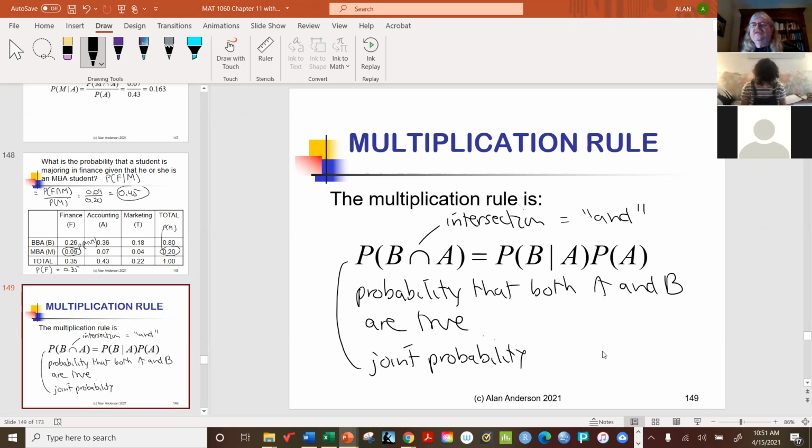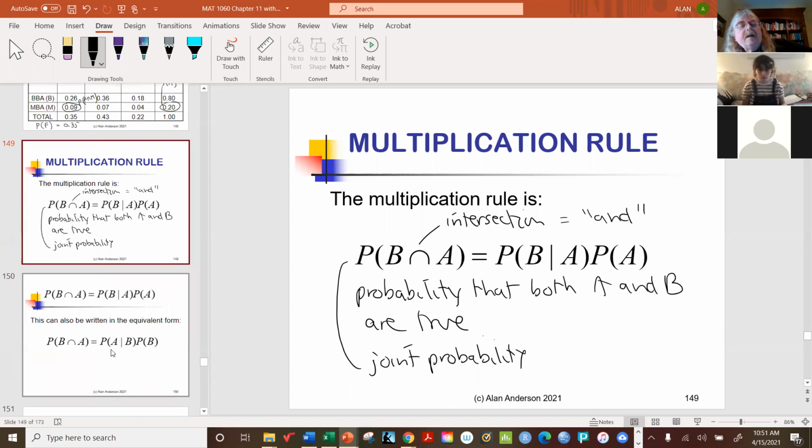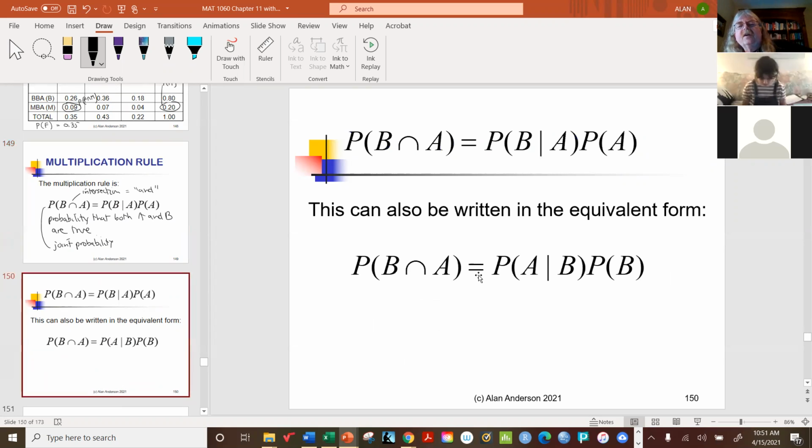So what about the equivalent version? I'm actually going to put them both in the next slide so you can see them together side by side, but you'll see that they're very similar, but there are important differences. All right, so the second version down here is not exactly the same as the first version up here on top. What's changed is the order of these letters.